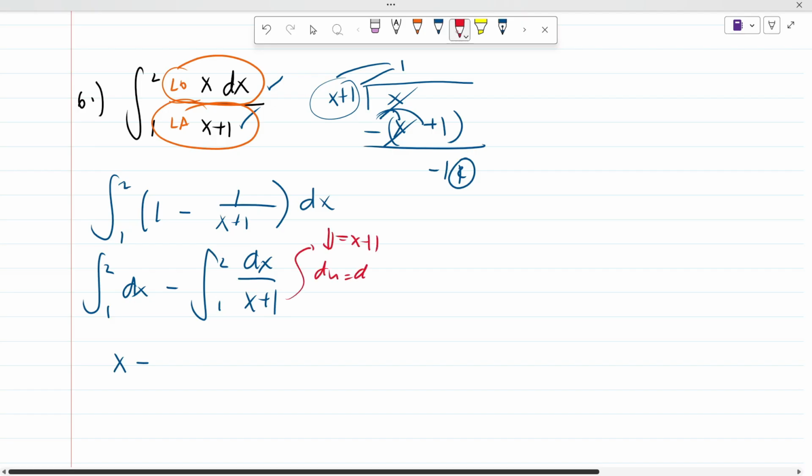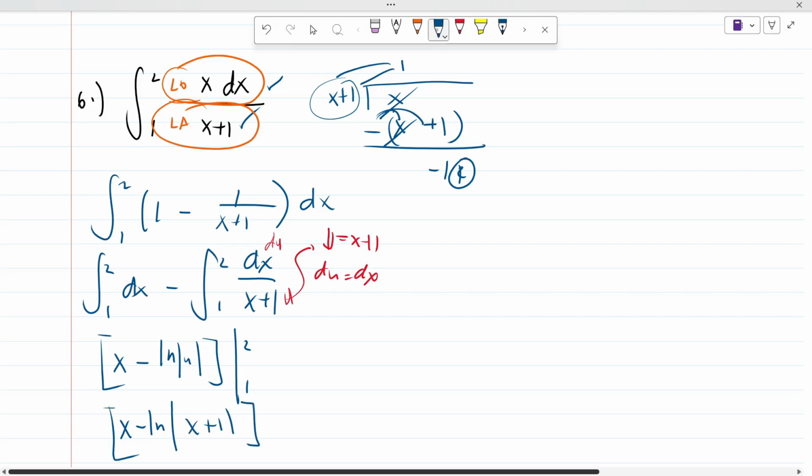The derivative of this is dx. Since dx, palitan lang natin to ng du, and this will be equals to u. So, du all over u is equals to ln u. ln of u. What is the value of u? Dito na lang natin lagay x minus ln of x plus 1. Gets, guys? Pinalitan ko lang yung value ng u.